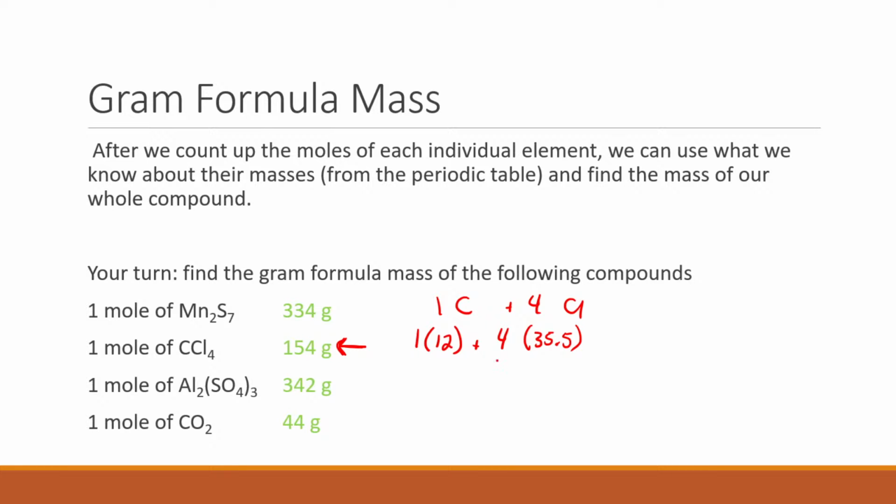If you had 152, you rounded to 35, but the 0.5 times 4, the extra 2, is going to bring us to 154. There's no great reason why chlorine rounds to 35.5 and is the only one that does so. There are other elements that are closer, but that's just the way it is.